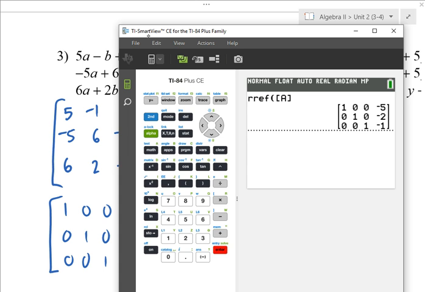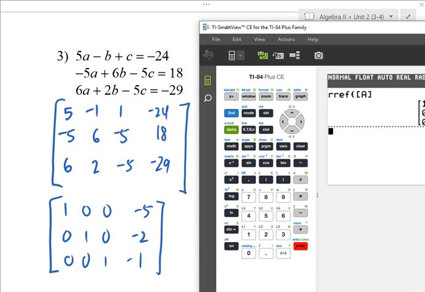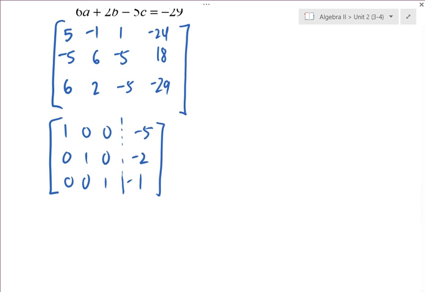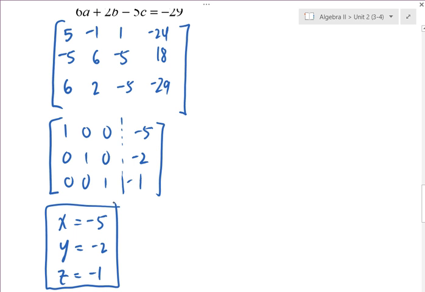So now that it's in reduced row echelon form, we can easily see our solutions. The top row means x equals negative 5. The middle row tells us that y equals negative 2, and the bottom row tells us that z equals negative 1. So if you can take the time to enter those into the calculator, it will put it in reduced row echelon form for you.